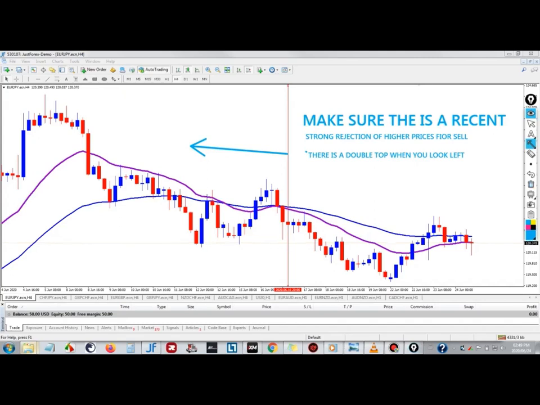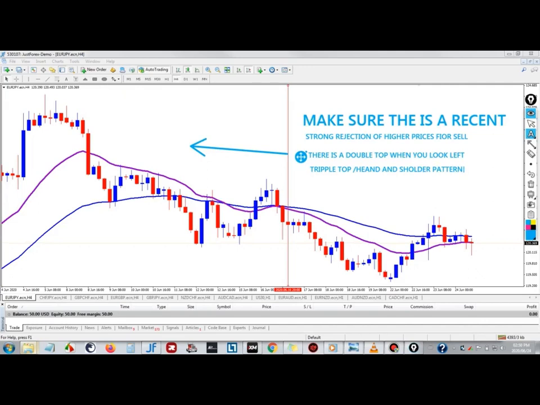I can also add, if I was not lazy to write, something like a triple top and a head and shoulder. Let me just do it for the sake of you guys. Another thing that you want to look for is a triple top and head and shoulder pattern.